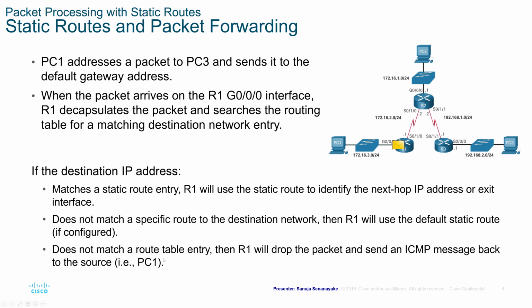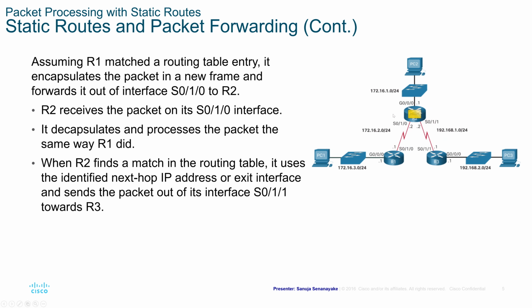It looks for a match, either a static route or some kind of destination entry. When R2 finds a match in the routing table, just like R1, it uses the identified next hop IP address or exit interface and sends the packet out its S0/1/1 interface towards R3.